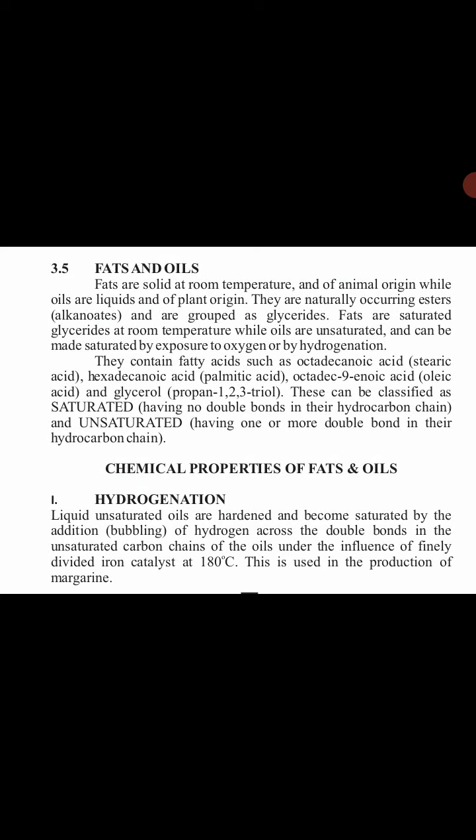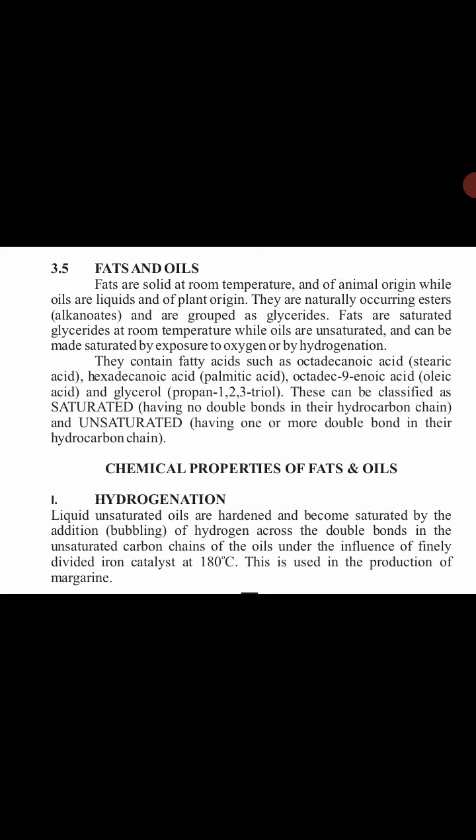Don't forget, fats are the saturated ones, oils are unsaturated. So liquid unsaturated oils are hardened and become saturated by the addition or bubbling of hydrogen across the double bonds in the unsaturated carbon chains of the oils under the influence of a finely divided iron catalyst at 180 degrees Celsius.